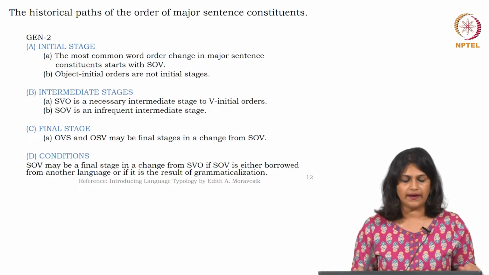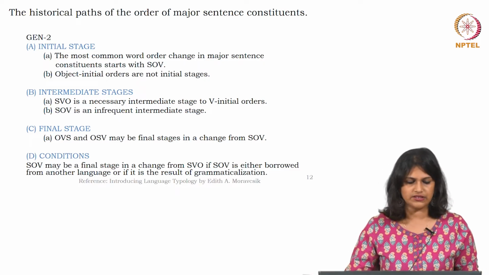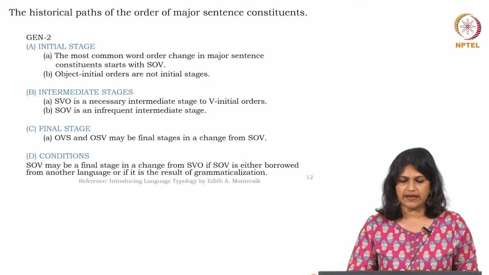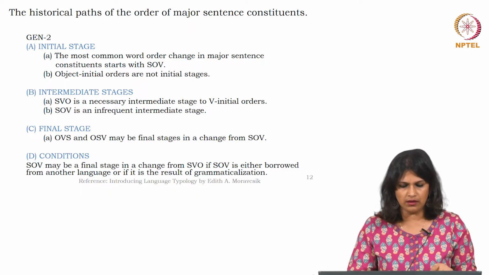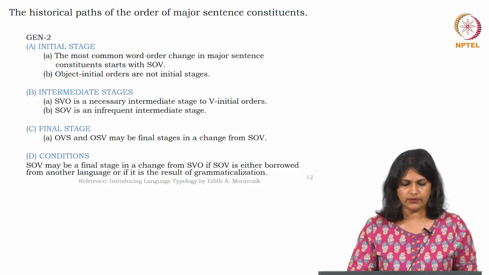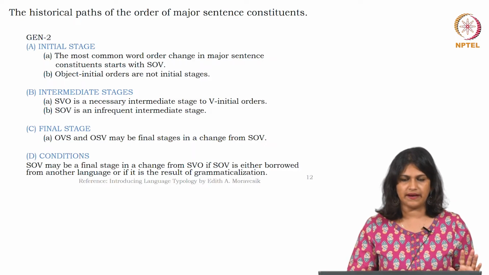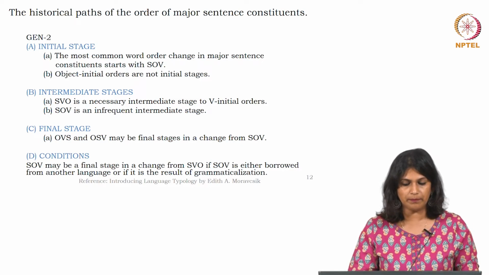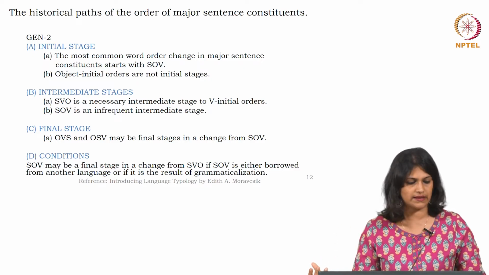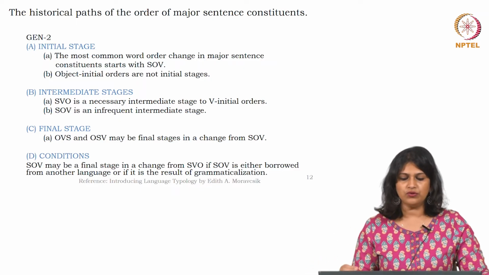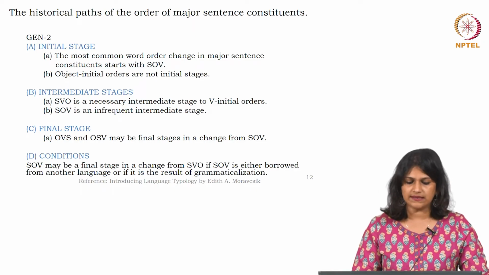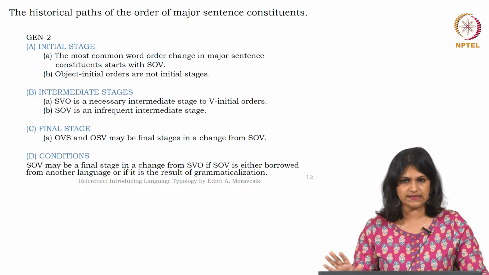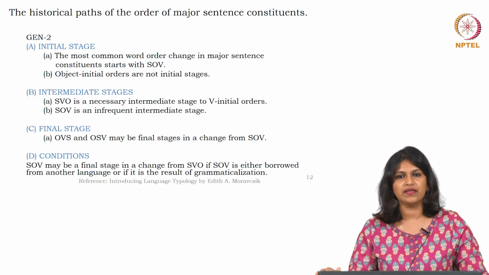So, that is the reason why we can come up with the generalizations which are stated here on the computer screen. So, look at generalization 2, which is related to the historical path of the word order. What the linguists have come up with is that the most common word order change in major sentences starts with SOV.